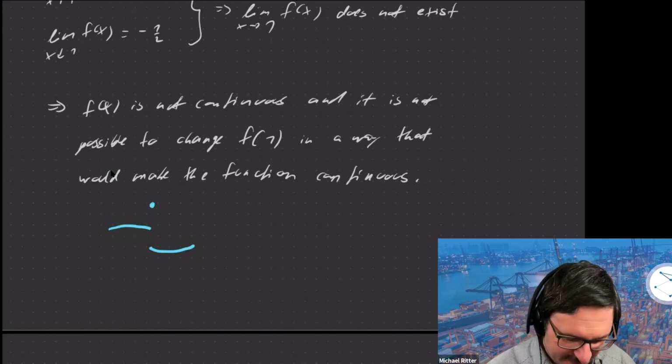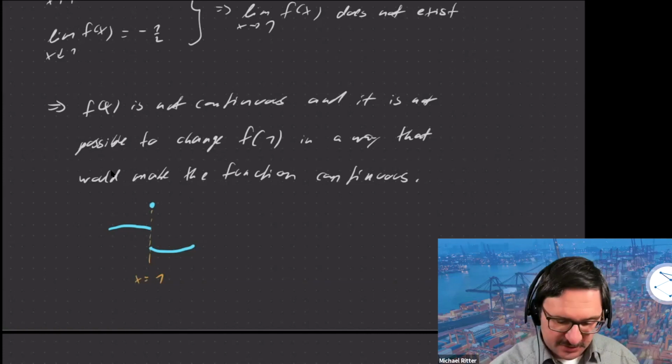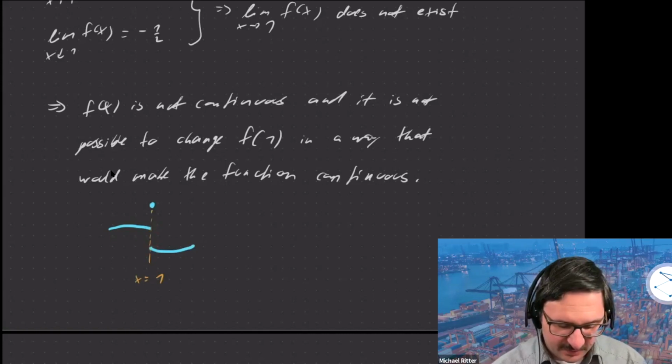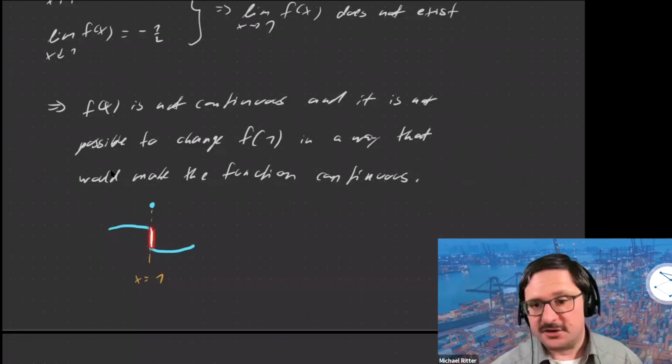Yeah, but there is no way of setting a function value here at x equals 1 that would make the function continuous. The two possible choices that would be best would be either setting it here or here, but there is no value that would satisfy both sides. So these are just disconnected.